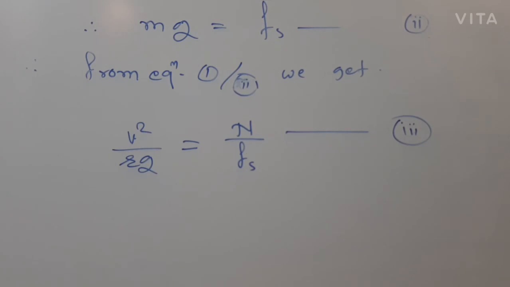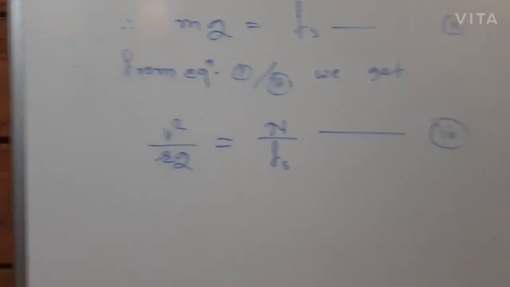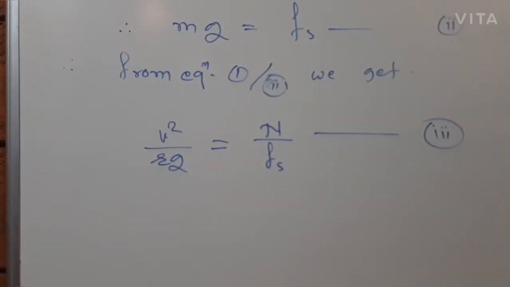It shows that if r, g and N are constant, then the minimum speed depends upon the force of friction Fs.